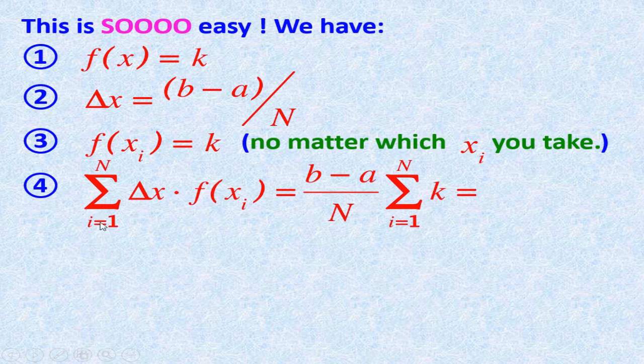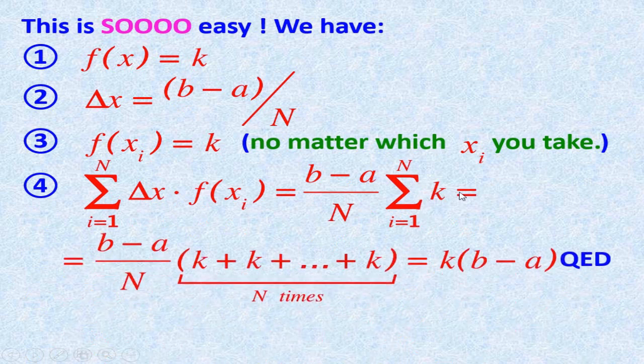So, the summation from i equals 1 to n is change in x times f of x sub i. We know the change in x is equal to b minus a over n. Okay. And this one, the sum from i equals 1 to n of K. That means, we add K, K, and so on. For example, 2 plus 2 plus 2 plus 2, that is 4 times, so we multiply 2 times 4.